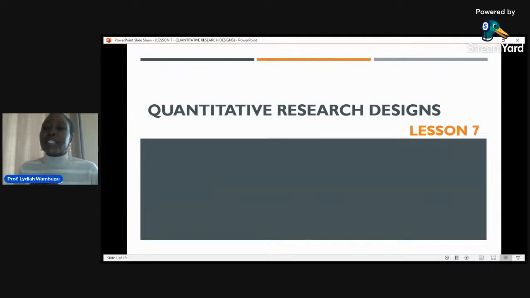It depends on the research question, and we'll be talking about it again today. So when you talk about positivist, when you look at its epistemology, axiology, and ontology, it is different from social constructivism. It is different from pragmatism. It is different from advocacy and all the other paradigms that you may have come across in your discipline.